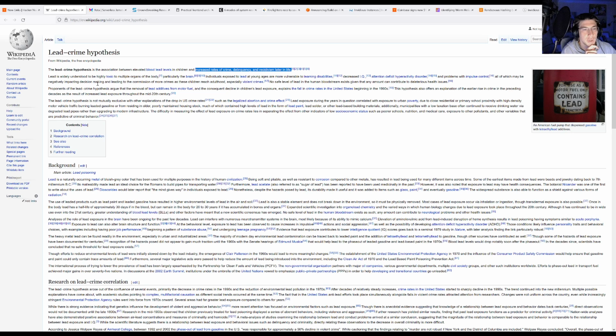Individuals exposed to lead at young ages are more vulnerable to learning disabilities, decreased IQ, attention deficit, and problems with impulse control. Wow. All of which may be negatively impacting decision making and leading to the commission of more crimes as these children reach adulthood, especially violent crimes. Wow, guys, that's crazy.